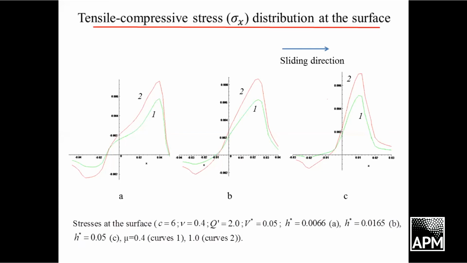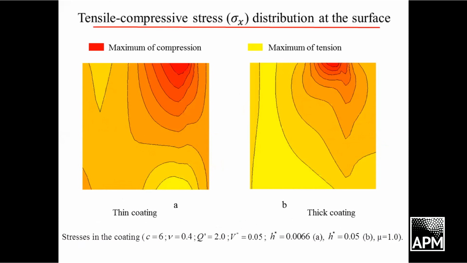But another interesting result is how these stresses are distributed inside the layer. For the case of a relatively thick coating, we have here compression, and here we have tension. Here the sliding direction is from left to right.